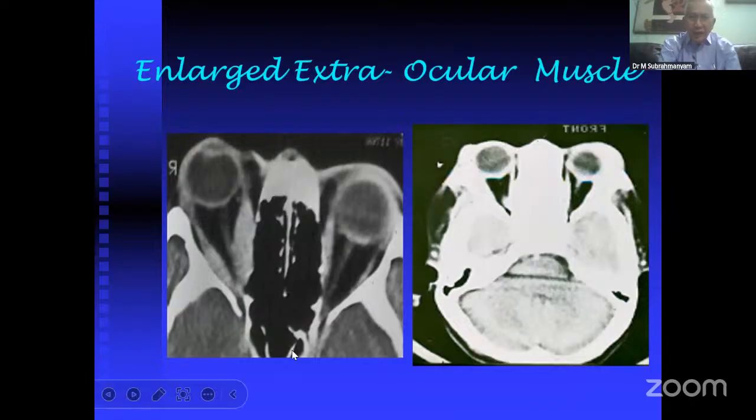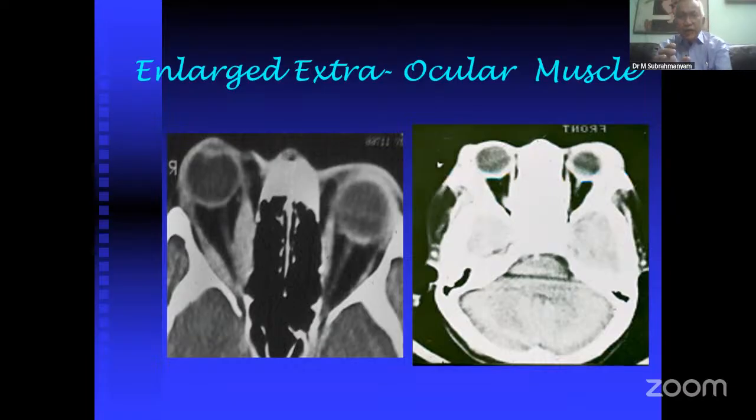Then we'll go to the enlarged extraocular muscles. The two most important causes are thyroid-associated orbitopathy and the myositis component of idiopathic orbital inflammation.